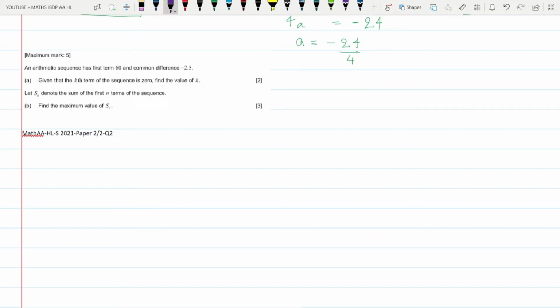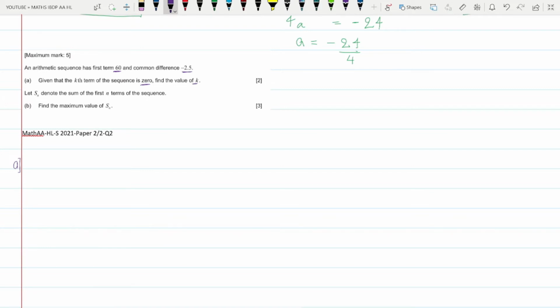An arithmetic sequence has first term 60 and the common difference is minus 2.5. Given that the kth term of the sequence is 0, find the value of k. So after every term, the difference between two terms is minus 2.5.